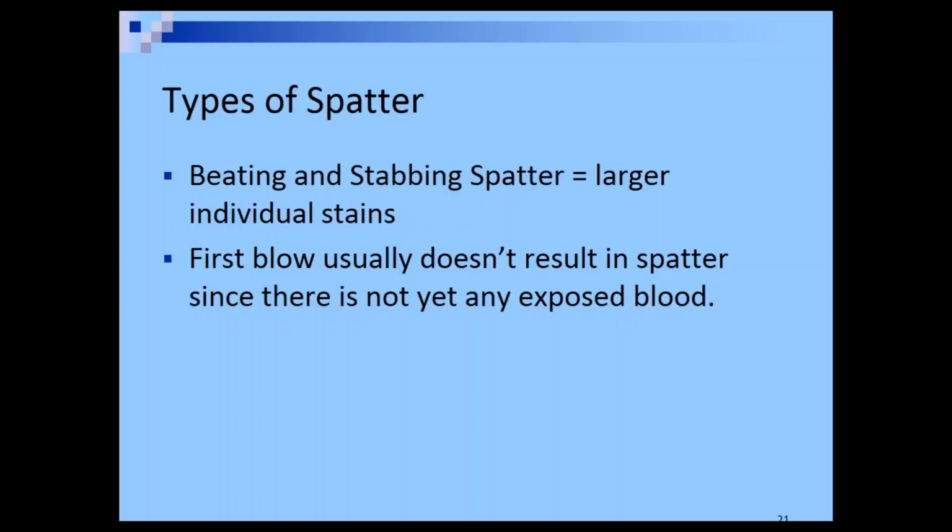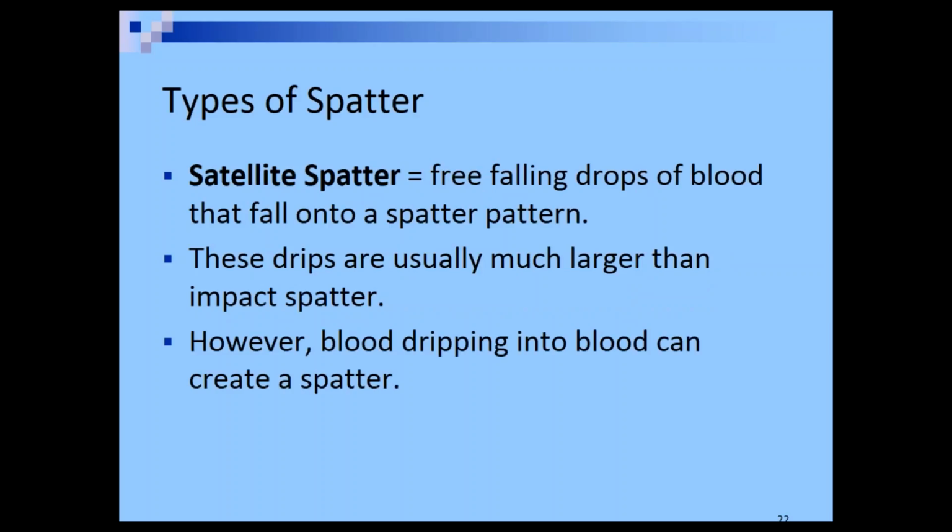So it's important to understand that if it's just one punch, you could break a bunch of blood vessels and the person may fall and start bleeding onto the floor, but you're not going to get a bunch of spatter all over the place. So the blood spatter there is what the analyst typically looks at.